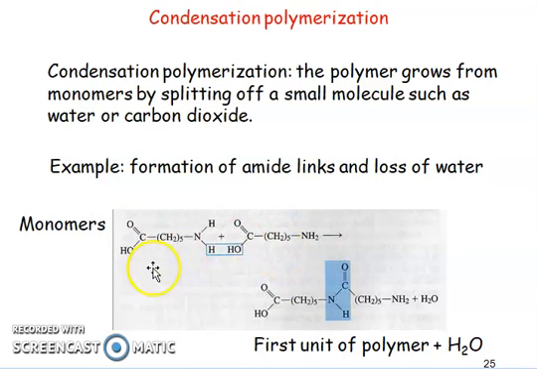In these amino acids, a hydrogen atom from one monomer and OH from another monomer goes out, and an amide linkage forms. This is the monomer unit of the polymer. That means one unit forms by loss of a small molecule, water. This is an example of condensation polymerization.